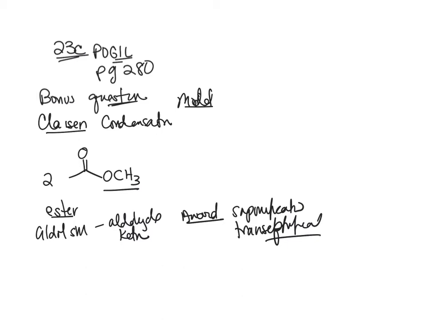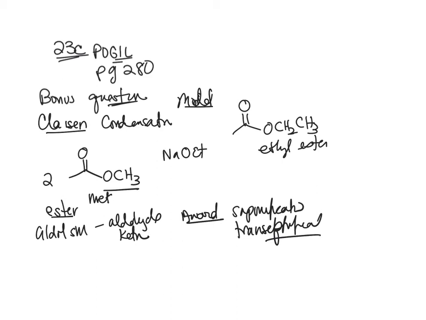Transesterification is if I used sodium ethoxide, and all of a sudden I would convert some of my ester to this ester, the ethyl ester, and this is the methyl ester. So I cannot use this base, that's why it matters.